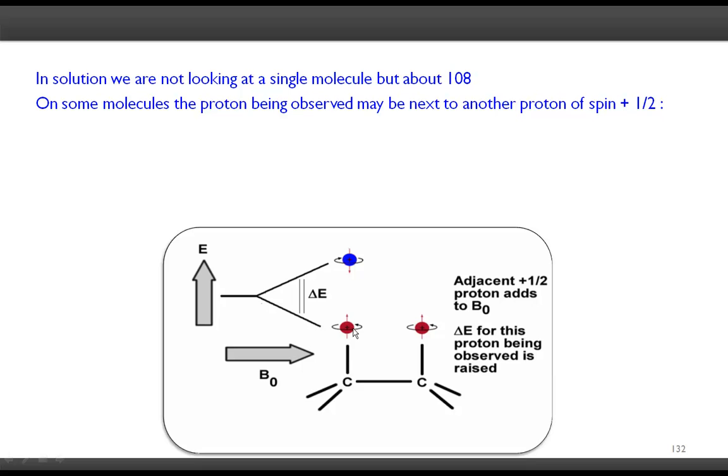So this nucleus is experiencing not only this amount of magnetic field, but also the magnetic field caused by the neighboring nucleus. B effective is greater than the applied magnetic field. Okay, that would cause a slightly higher chemical shift for this nucleus.